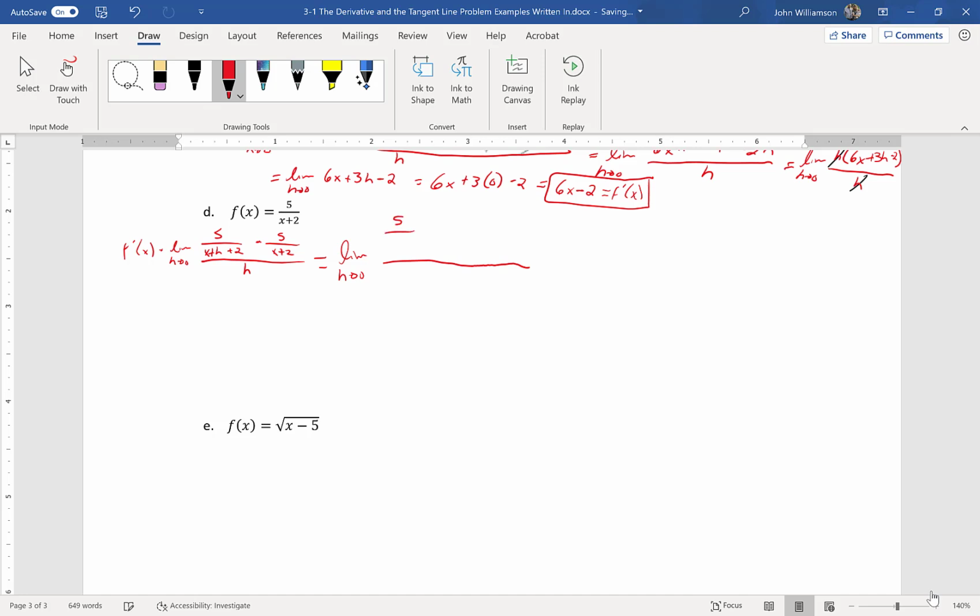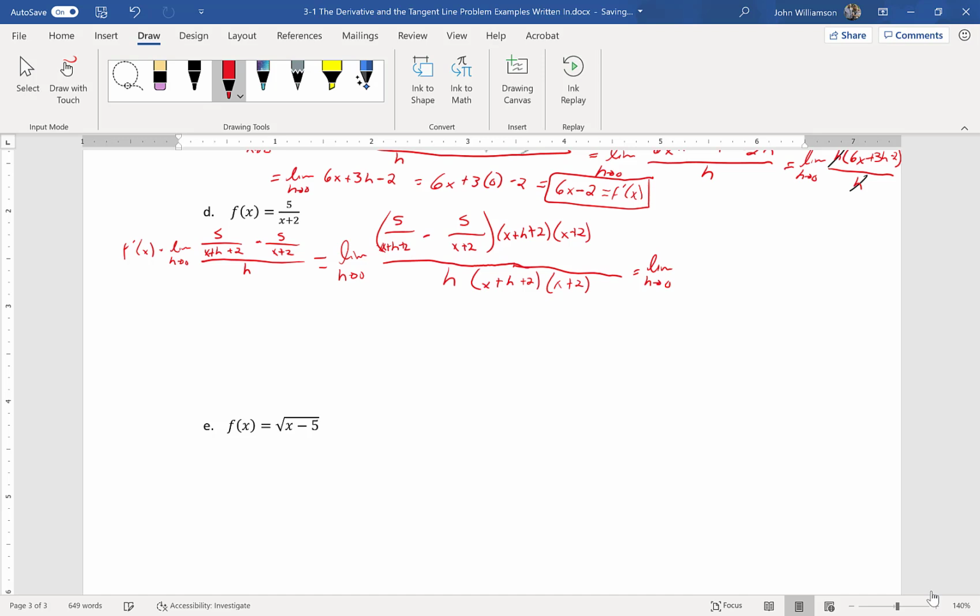So we end up with the limit as h is approaching 0 of 5 over x plus h plus 2 minus 5 over x plus 2 all times x plus h plus 2, x plus 2, all over, in the denominator, the same thing, because otherwise we would have changed our fraction. So multiply numerator and denominator by the same thing.